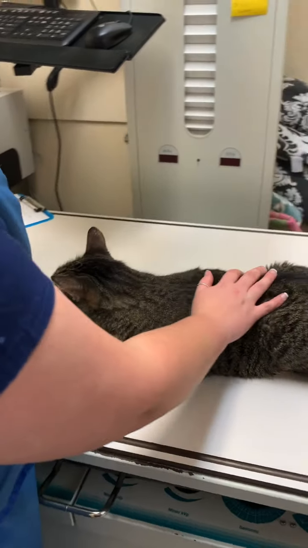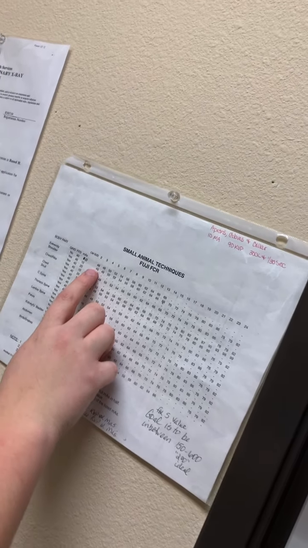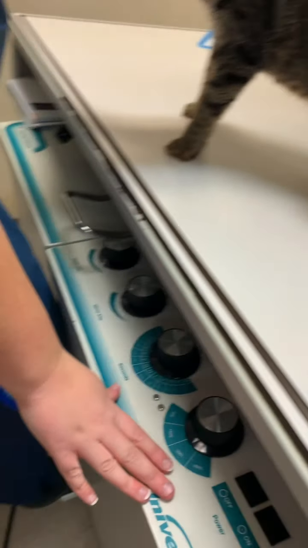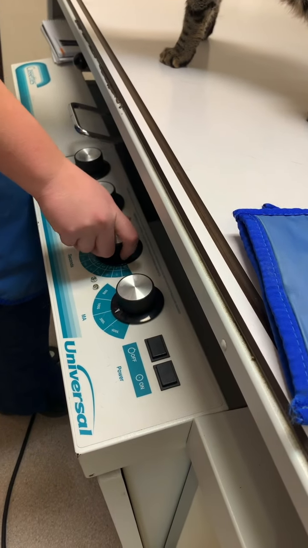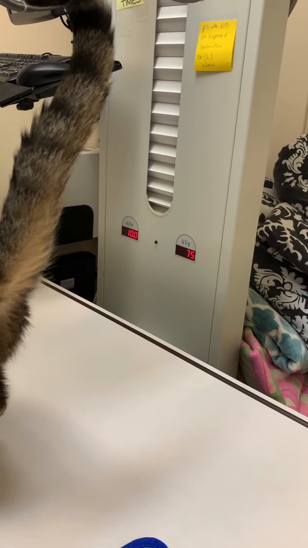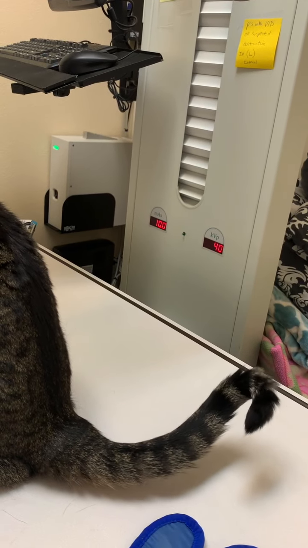And then we're gonna go to our technique chart over here. You find extremity, and 2 is 46 for the KVP, and 10 is the MAs. So we move the MAs to 10, and the KVPs to 46.